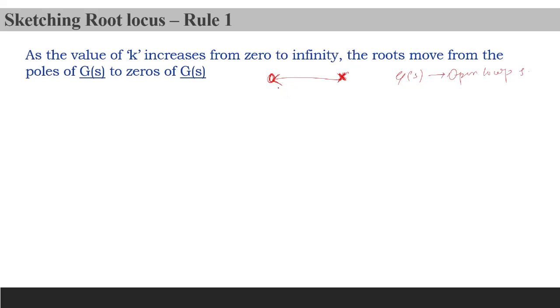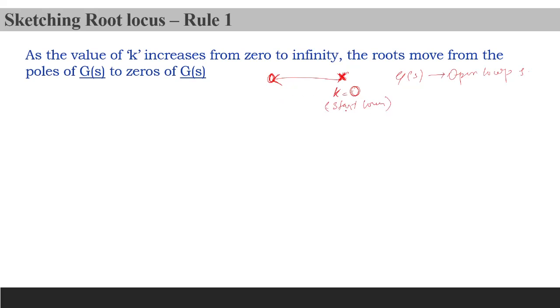We will study that. So whenever there's a pole and a zero, we draw a line from the pole and terminate that line at the zero. K equals zero is actually the start of the root locus, right?